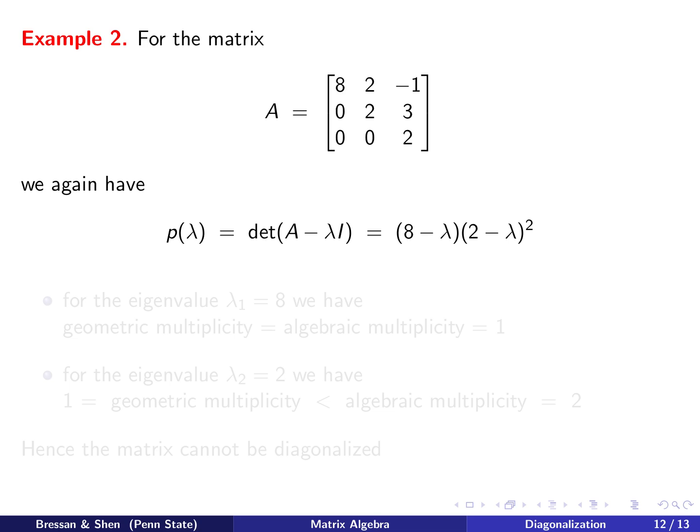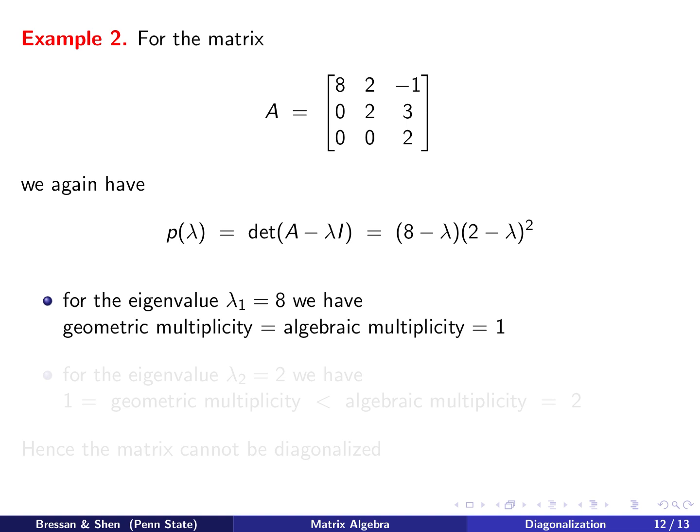Now let's look at example 2, looking like this, where we have the characteristic polynomial factorized. And then for lambda 1 equals 8, we see that the geometric multiplicity matches the algebraic multiplicity, which is 1.